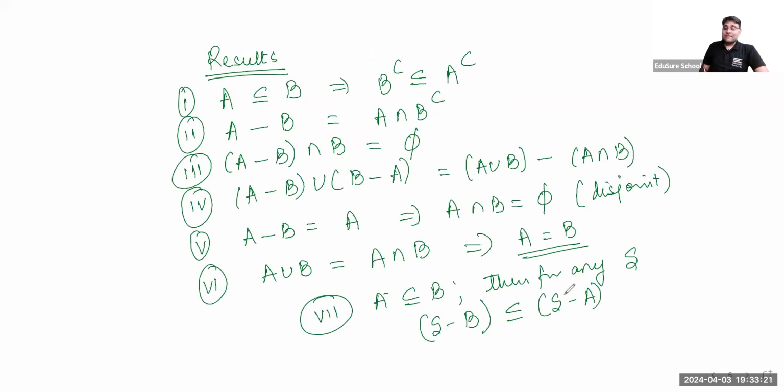Seventh one will be very easily seen once we understand Venn diagram. It can be easily seen with the Venn diagram.